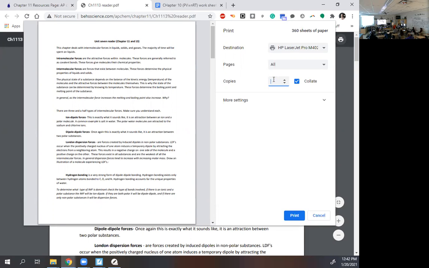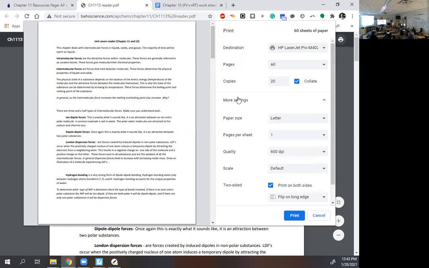Okay, I can't hit print until this finishes warming up.